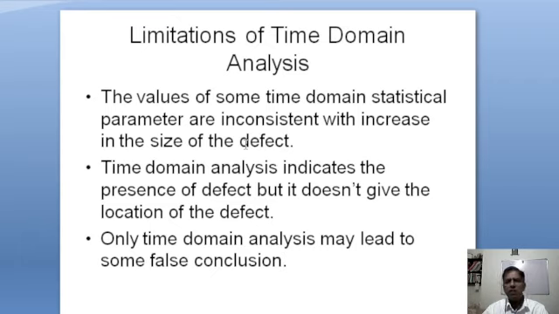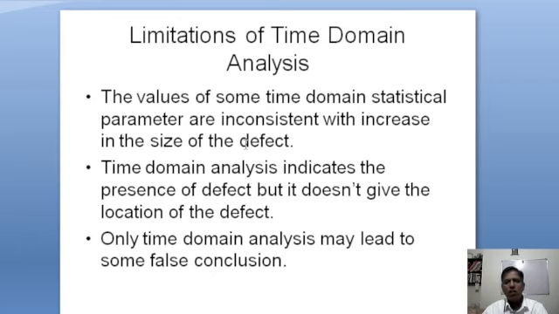If you are having some abnormality in your body and you go to your doctor, and the doctor only suggests that something is wrong, but where something is wrong, what is the location of that particular problem in the body, he doesn't give.